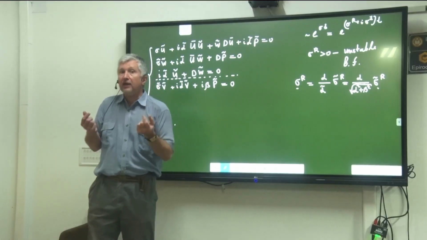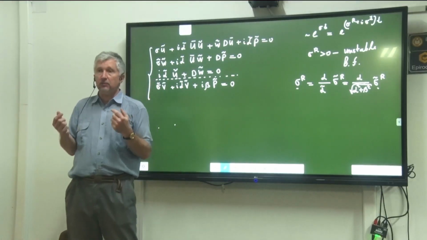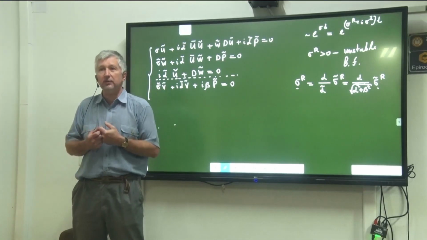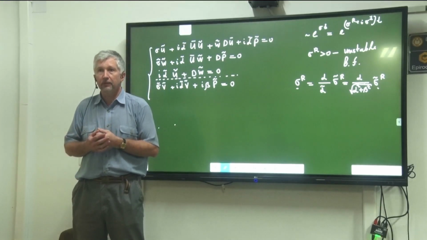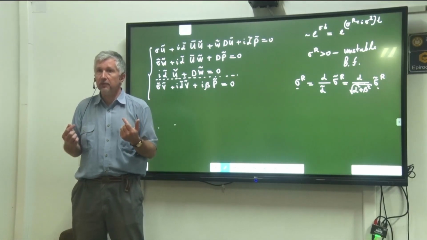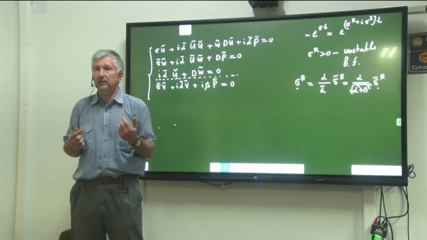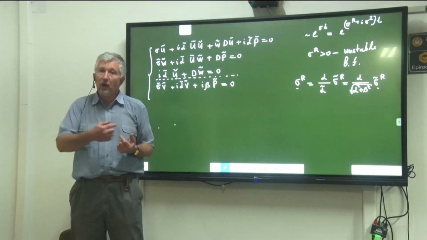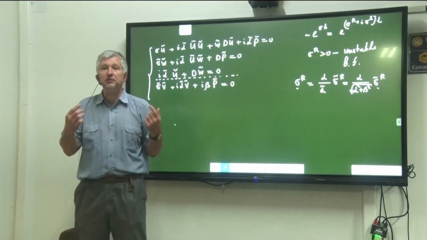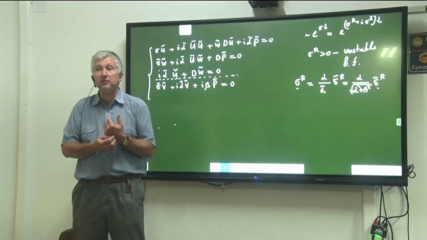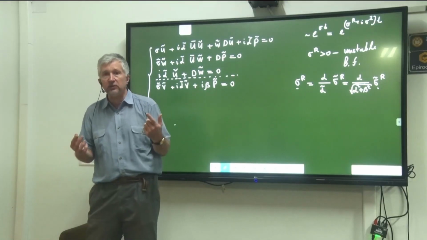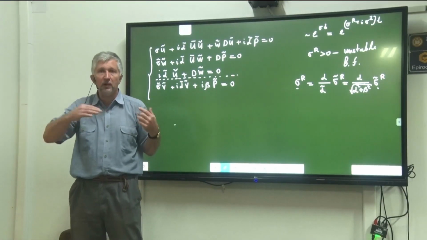But what actually happens is if v is equal to 0 and beta is equal to 0, what sort of flow does that describe? Remember the v component. In which direction is it? In y direction, right? And what is beta? Beta is the periodicity parameter. Periodicity in which direction? In y direction. So if beta is equal to 0, then periodicity in y direction is gone, right?